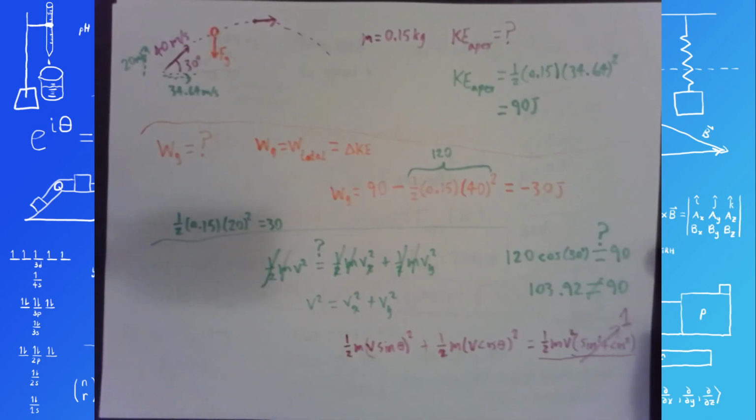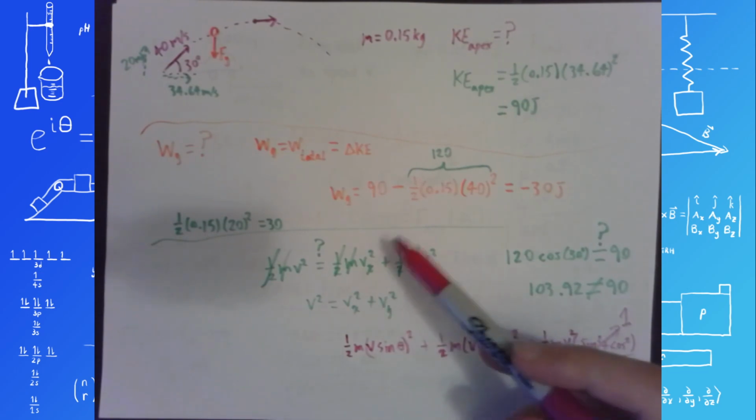I never knew that before. You learn something new even after teaching physics for over 10 years. Yeah, if I do 120 times cosine squared of 30, so times cosine 30 times cosine 30, we get 90, like we're supposed to.